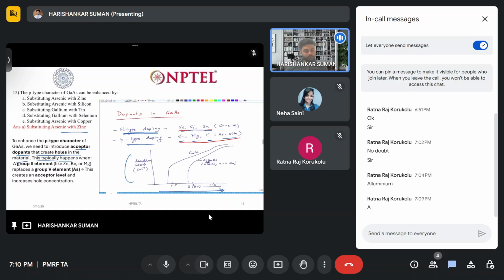This typically happens when group two elements like Zn, Be, or Mg replace group three elements. Okay, the answer is correct. This creates an acceptor level and increases the hole concentration. So, signing off with Jim.